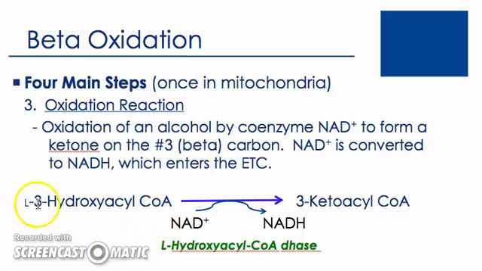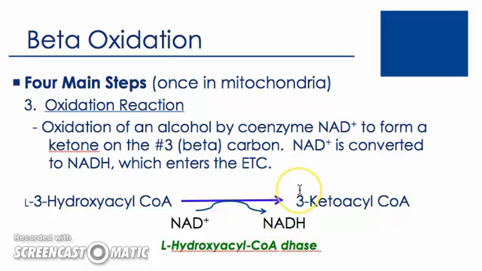Step 3 is another oxidation reaction where we see the removal of hydrogens from the fatty acyl intermediate L-3-hydroxyacyl-CoA. In this step, the alcohol at the 3rd carbon is oxidized, removing the hydrogen and forming a double bond of a ketone. In this step, the hydrogens that are removed are picked up by NAD to form NADH.